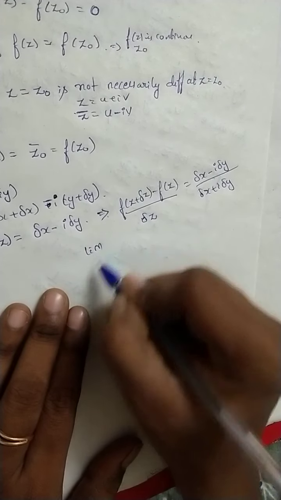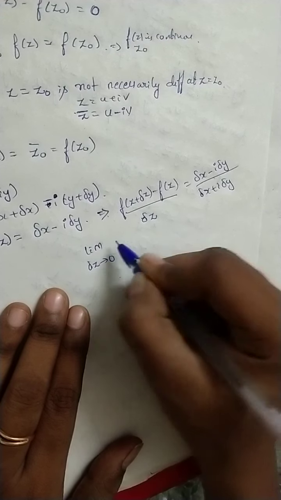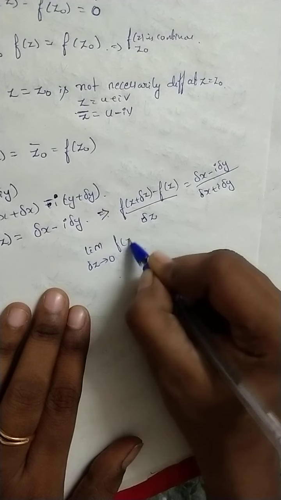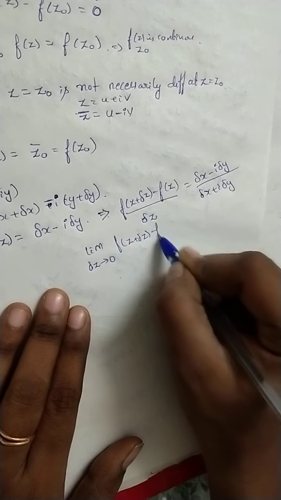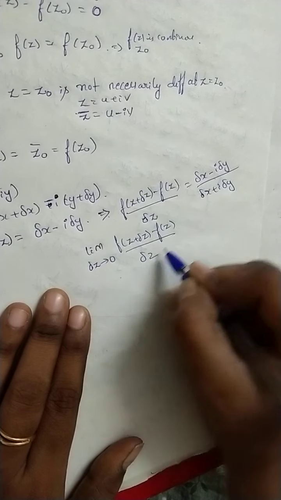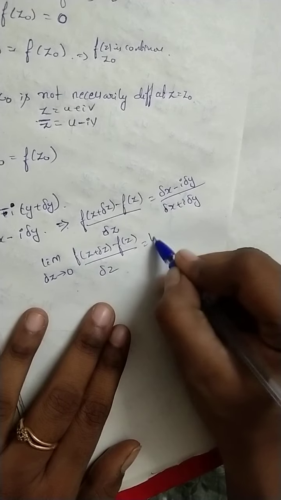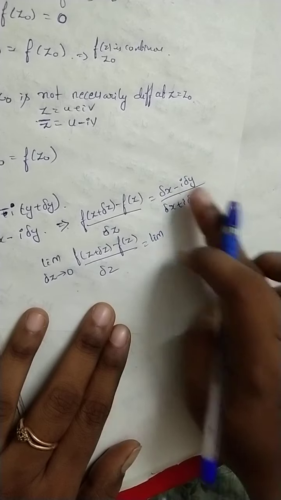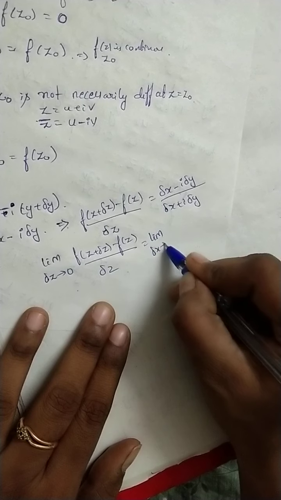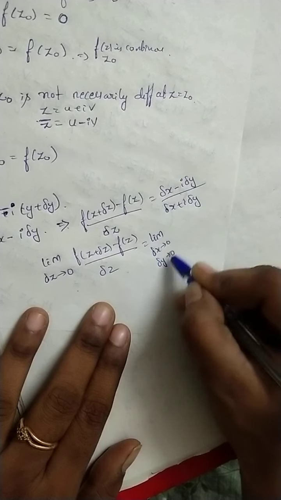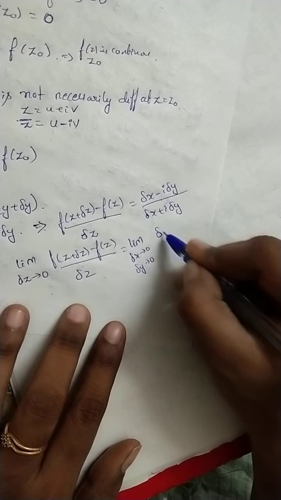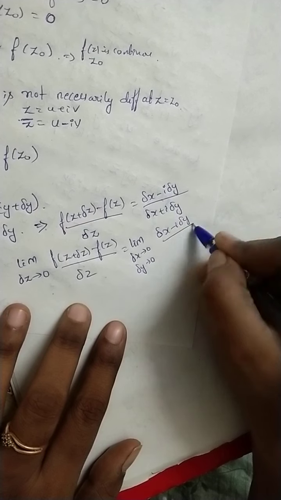So applying the limit dou z tends to 0 on both sides, f of z plus dou z minus f of z divided by dou z. On the right hand side, x and y are there, so dou x tends to 0 as well as dou y tends to 0. So this is our equation.